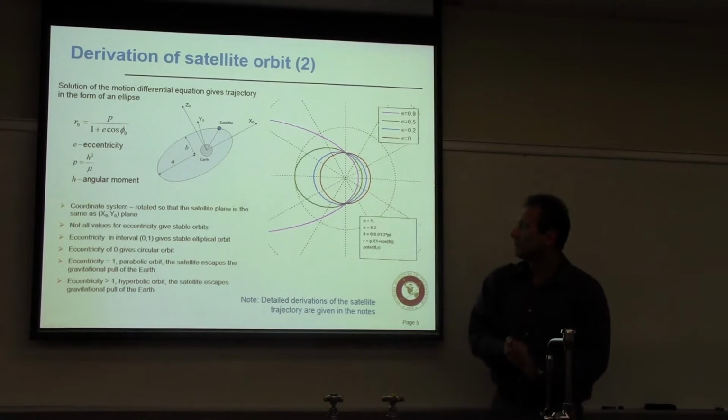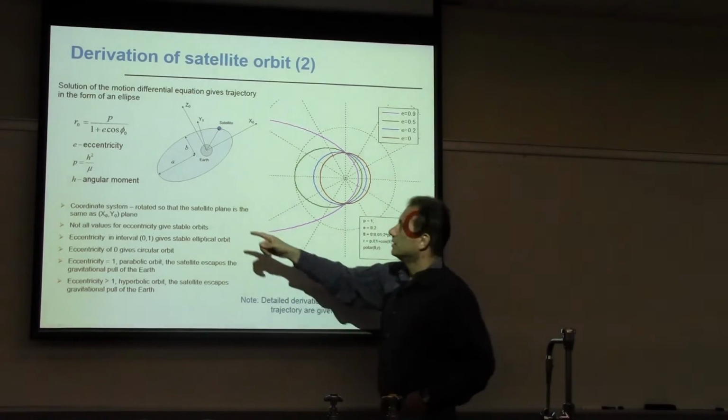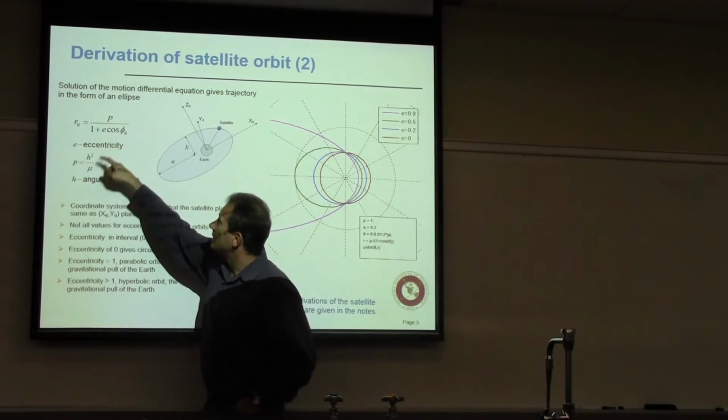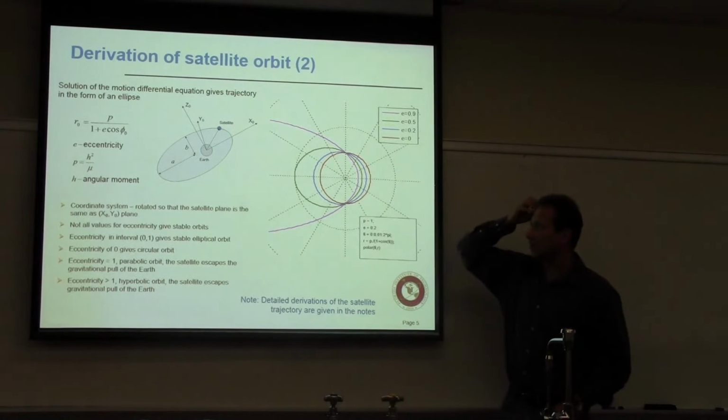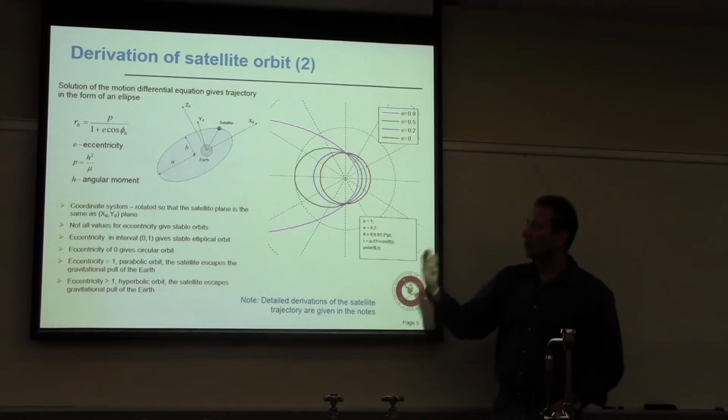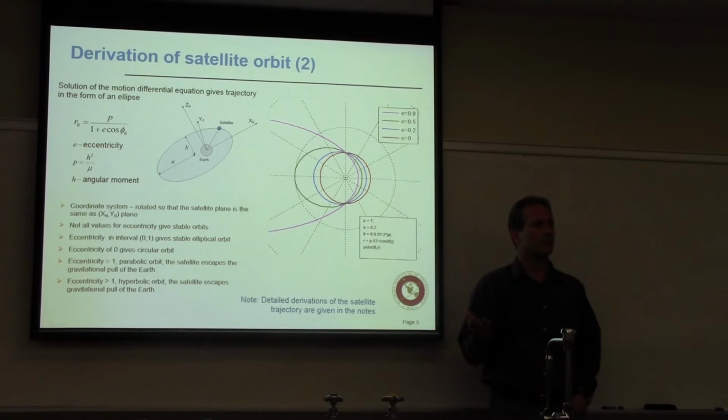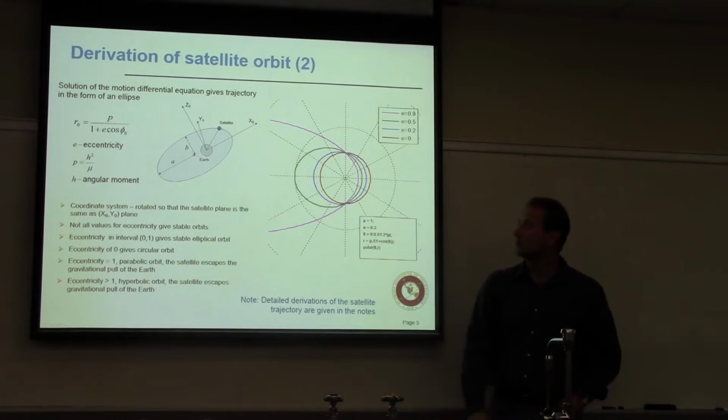This parameter here is called eccentricity, and the solution for the trajectory of the satellite exists for all positive values of e. However, not all positive values of e result in a stable orbit that will close on itself.